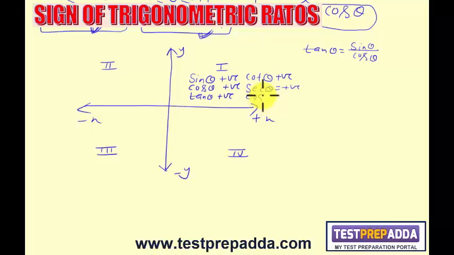Now cosec theta is the reciprocal of sine theta, which is positive, so cosec theta will also be positive. What conclusion can we draw? That in the first quadrant, all trigonometric ratios are positive. Got the idea? Now, I'll talk about the second quadrant.